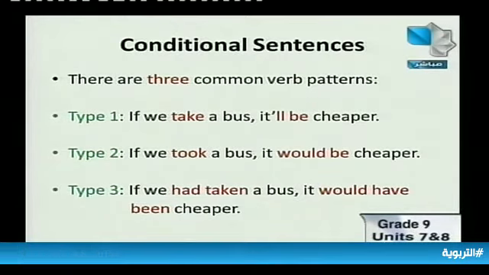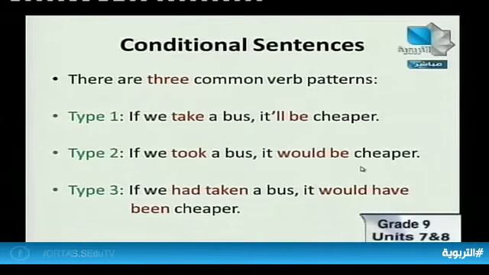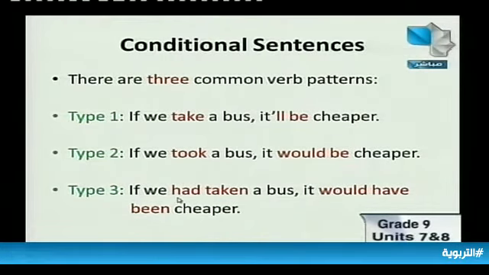We have another type, which is type 2, when we use the past tense. For example, if we took a bus, it would be cheaper. And of course, we can change places, as we have mentioned before. And we have the third type, which is if we had taken a bus, it would have been cheaper. Here we have past perfect plus would plus have plus verb 3.